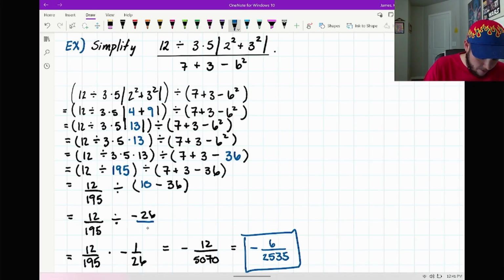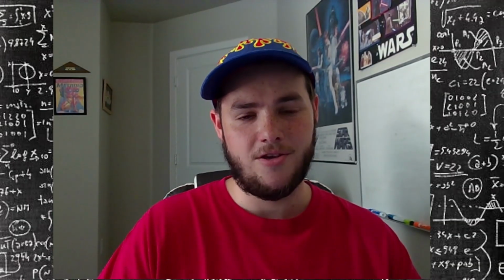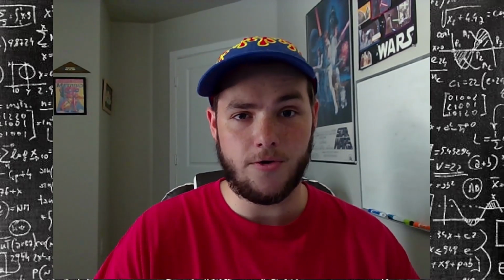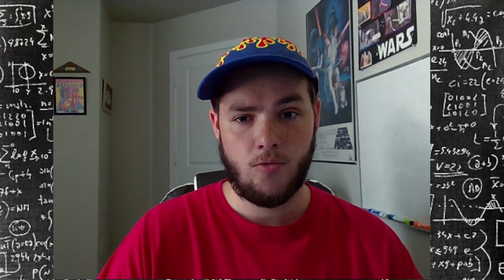And I have an imaginary denominator of 1. So I flip that over to get 1 over 26, and then I get negative 12 over 5070. That happens to have a factor of 2 that I can cancel top and bottom, which leaves me with negative 6 over 2535.